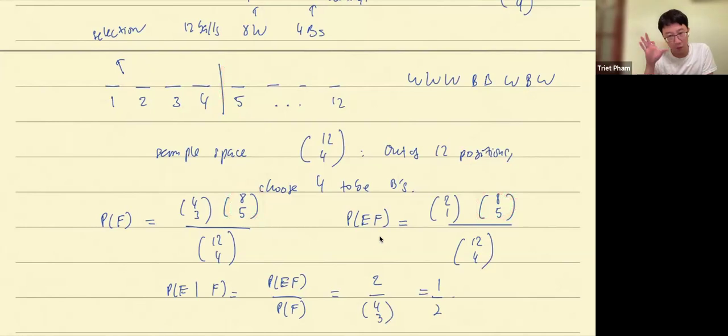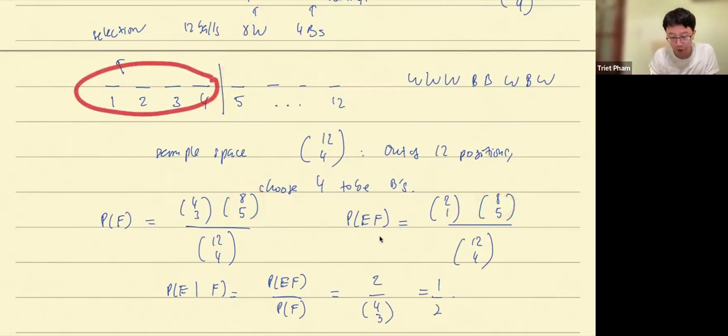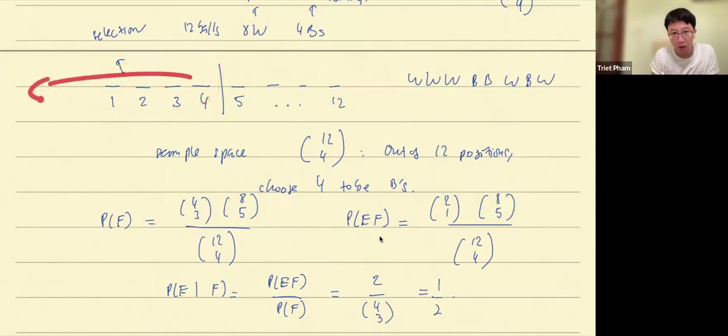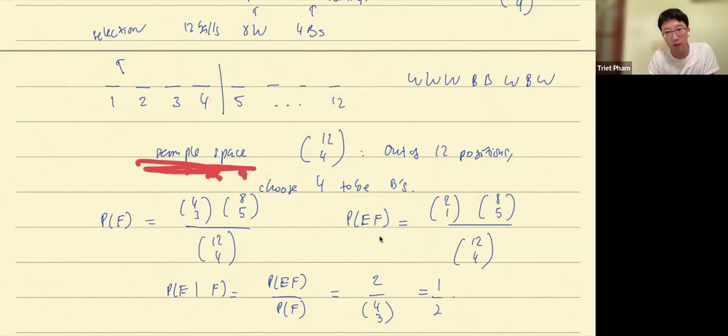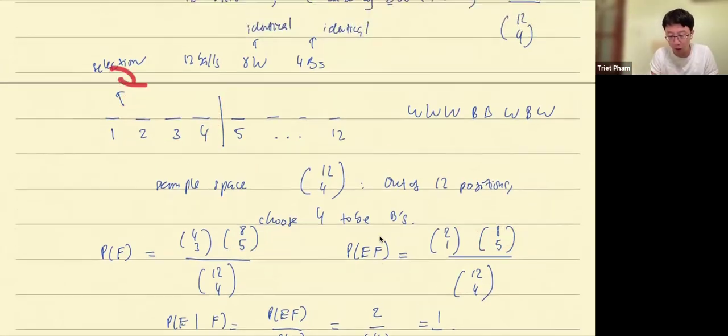And that's a little bit weird, but it has to be there, right? Because even though we draw the first 4 anyway, that's dictated by our sample space. Our sample space arranges 12 objects into 12 positions, right? That's what this 12 choose 4 means.